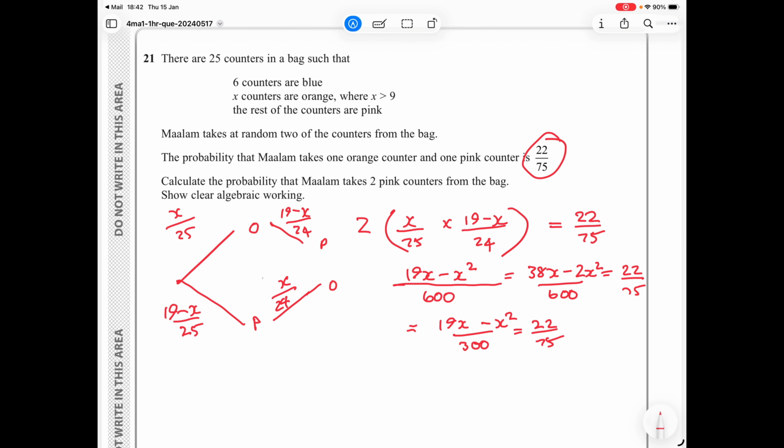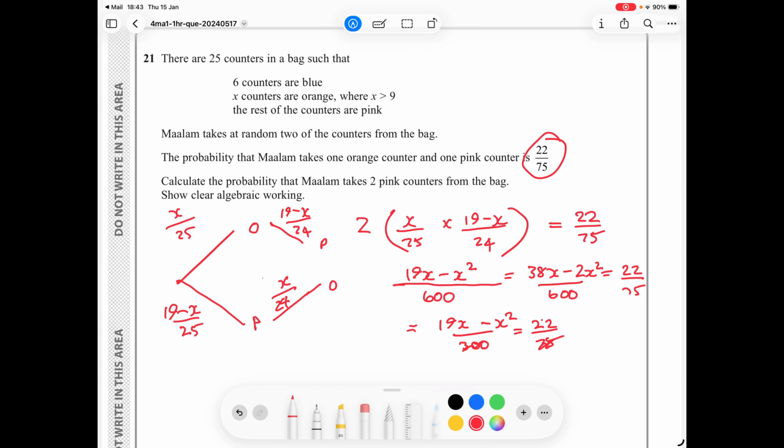Now, I could times that by 75, but if I times by 75, that goes into 300 4 times. So rather than doing that, I'm going to cross that out. So that would give me 4 times that, so that's 88.